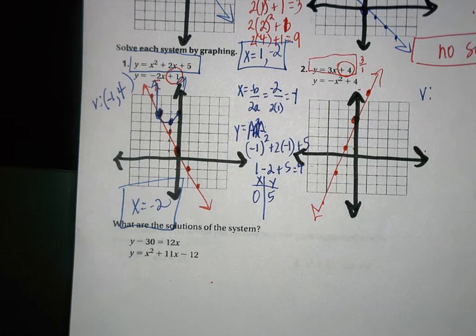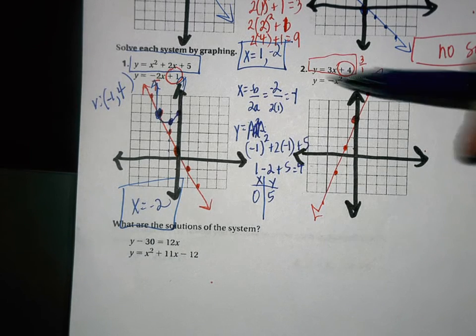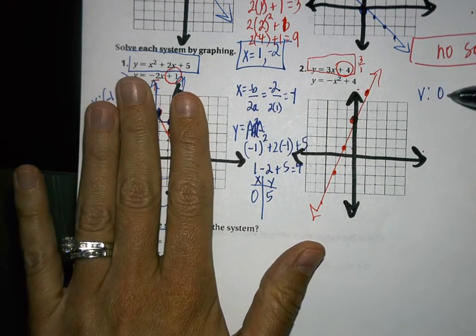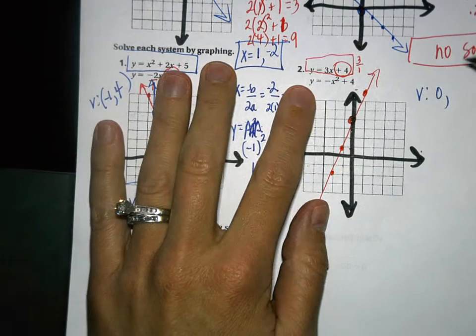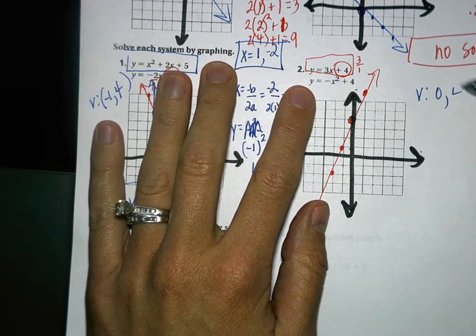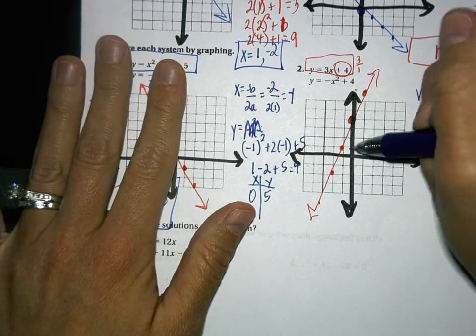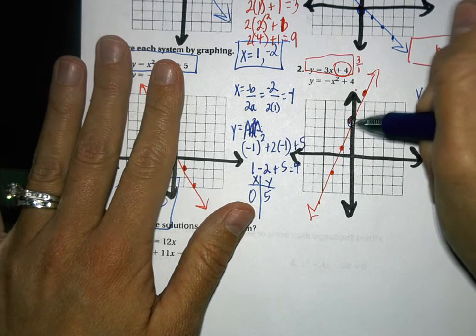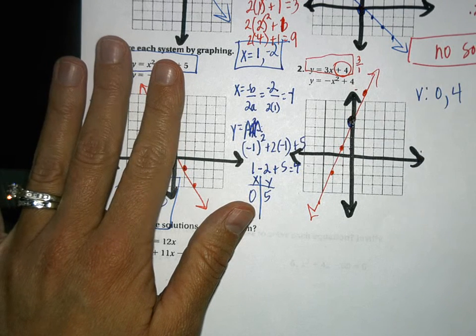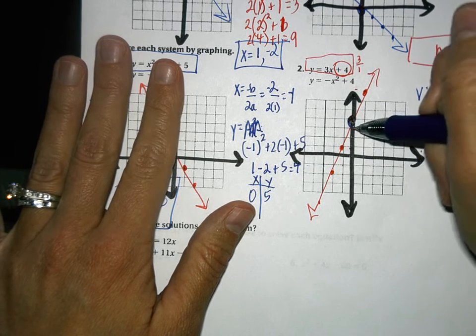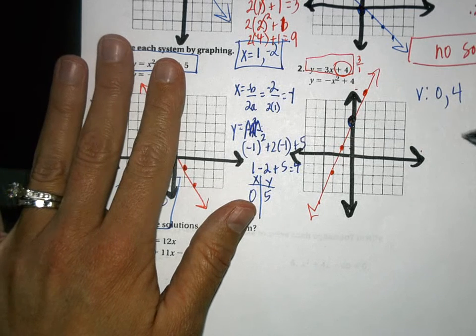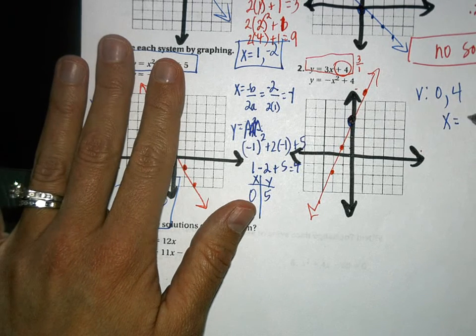It's 0, right? Is there a b value? Is there a plain x term? Okay, the x value is 0. When you plug in 0, the y value is 4. Okay, so 0, up 1, 2, 3, 4. So we know that's already one of the answers, right? Okay, so I'm going to put here x equals, and we know one of the answers is 0.